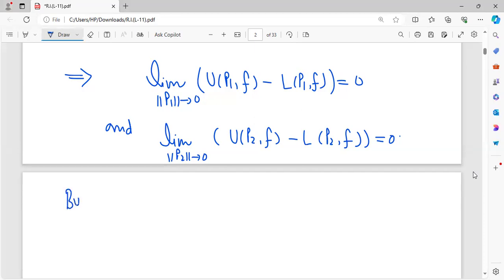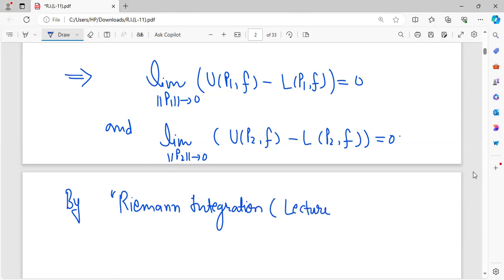Now by Riemann integration lecture 8, we have proved that if the norm of the partition tends to 0 and U(P, f) minus L(P, f) limit tends to 0, then the function is Riemann integrable over that interval on which we are taking the partition.